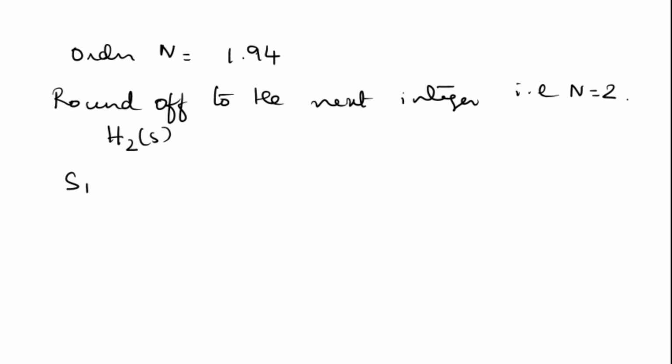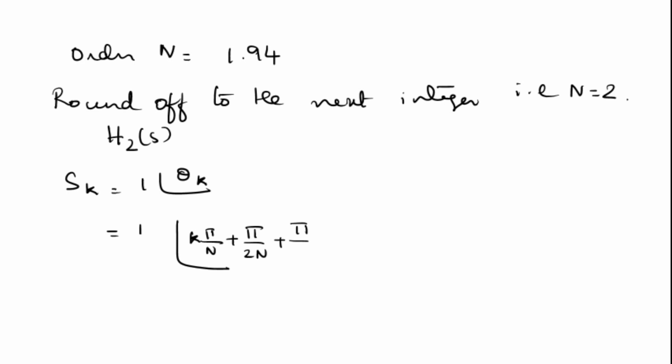And we know that sk is equal to 1 at an angle of theta k, which is equal to 1 at an angle of (k pi by N plus pi by 2N plus pi by 2), where k is equal to 0, 1, up to 2N minus 1.